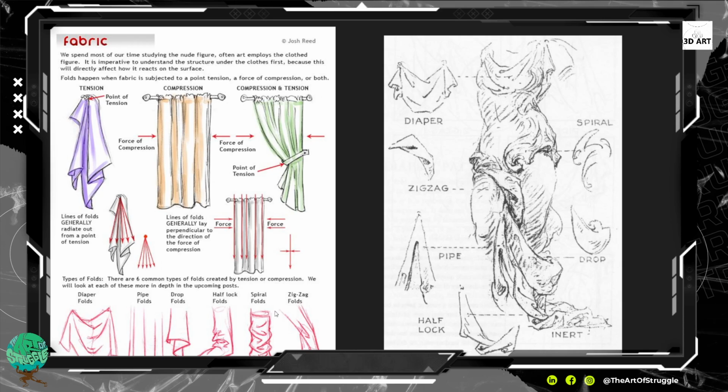So we've talked about the 6 most common types of folds. We've got the diaper folds, the pipe folds, the drop folds, the half lock folds, spiral folds, and then the zigzag folds. And to see some of the best depictions and creations of this, look no further than a lot of Renaissance artists, the Da Vincis, Michelangelo.